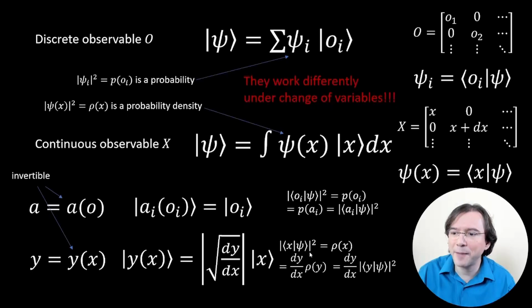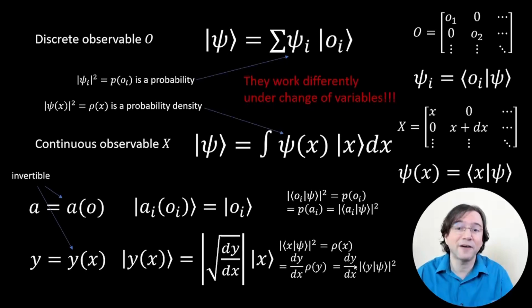So what happens is that if we do the inner product between x and ψ to get our probability density, it is not going to be the same as the inner product between y and ψ, because you're going to have a factor of a Jacobian. And this means that you need to be careful about units, and really these objects work differently.